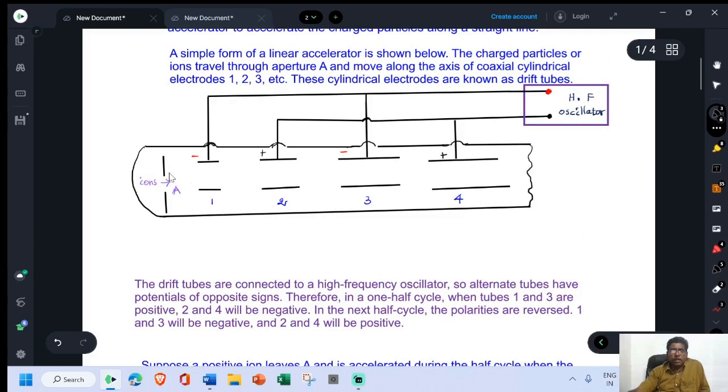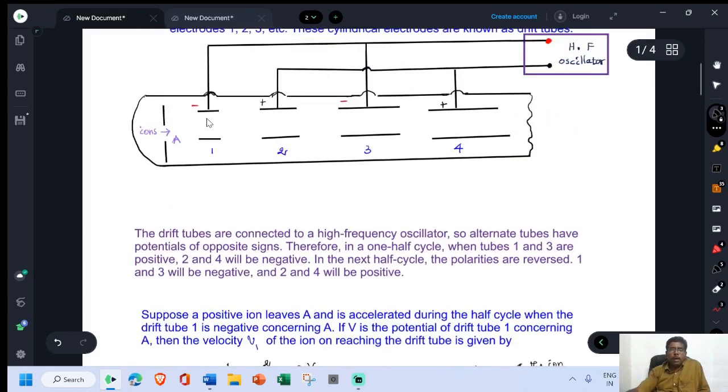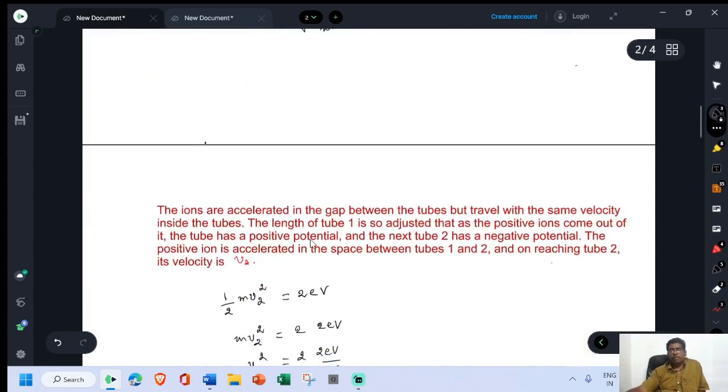Therefore, the kinetic energy of the ion is half m v1 square, if v1 is the velocity of the ion when entering the tube 1. Half m v1 square should equal the charge of the ion times the potential. From this, v1 is equal to root of 2 eV by m.